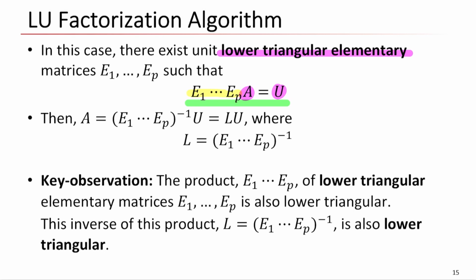Then in this case, we can represent the matrix A as the inverse of the multiplication of the elementary matrices, times the echelon form matrix U. Then L times U. I mean, L is going to be the inverse of E1 times E2 times through EP.